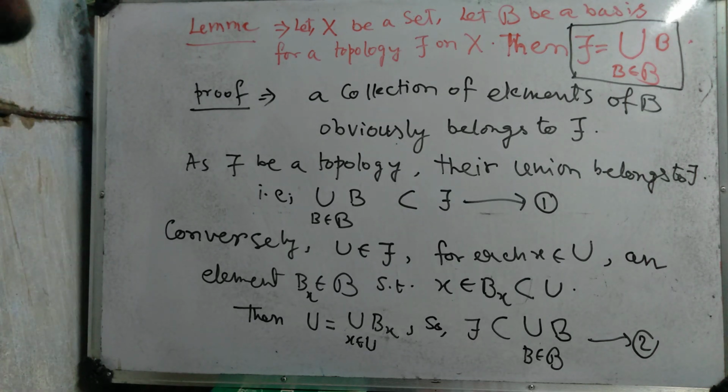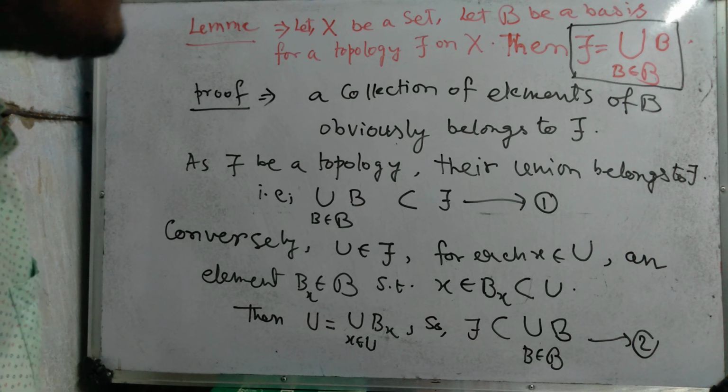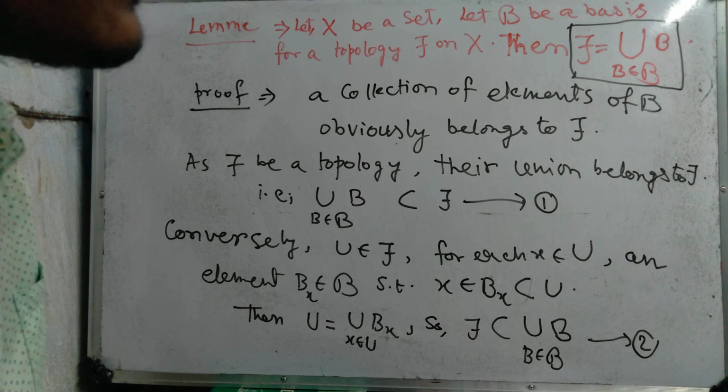Let x be a set and B be a basis for topology tau on x. Then tau is represented by unions of these basis elements.